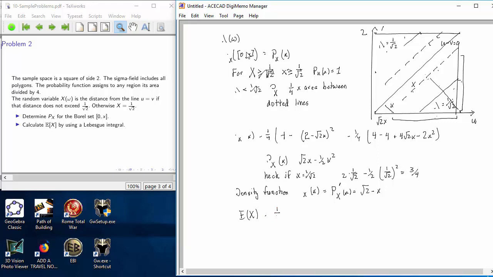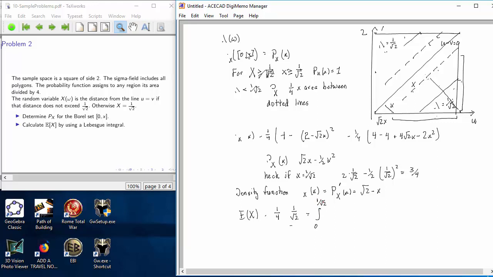But first, I have to take into account the fact that there are two regions on which x has a constant value. The probability of being in one of those two regions is 1/4, and in those regions, the value of the random variable is 1 over root 2. So this random variable has the interesting property that it's got a discrete part. There's a finite probability of 1/4 that it has this specific value, and it also has a continuous part in which I can calculate the expectation by doing an integral.